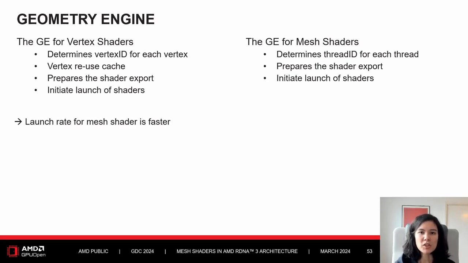It also prepares the shader export and initiates the launch of the shaders. Since it doesn't do any vertex reuse cache optimization, it has less work to do for mesh shaders, and this results in a faster launch rate. So here you have another potential performance advantage when using mesh shaders.